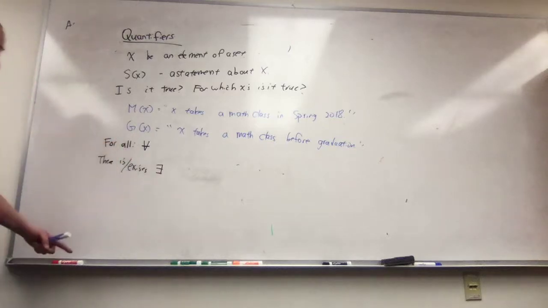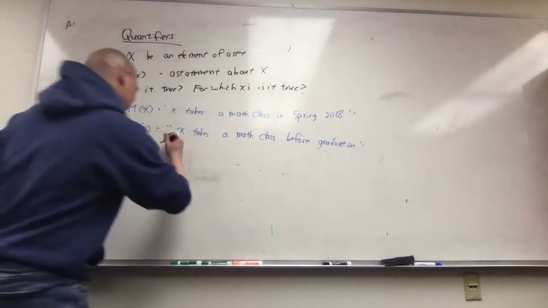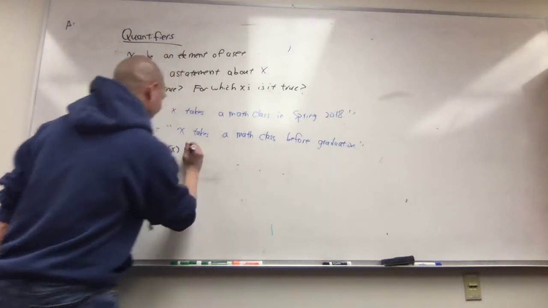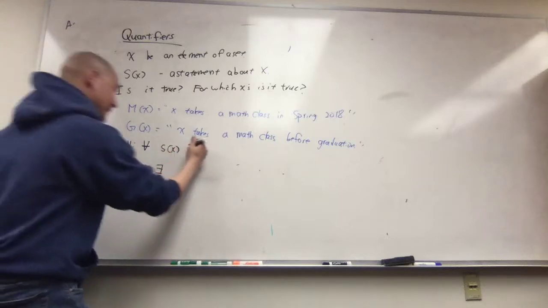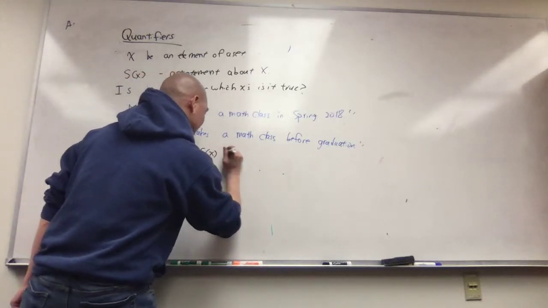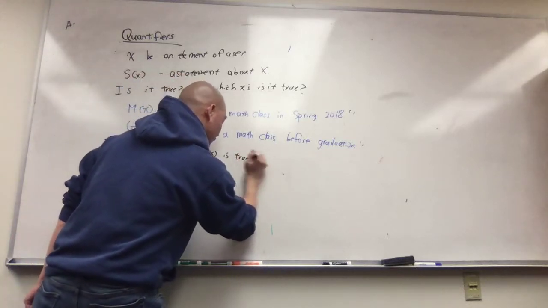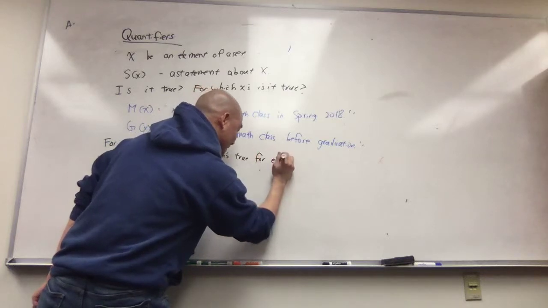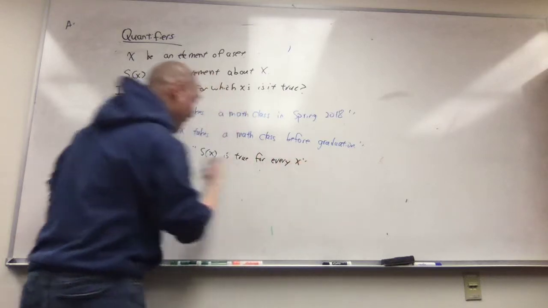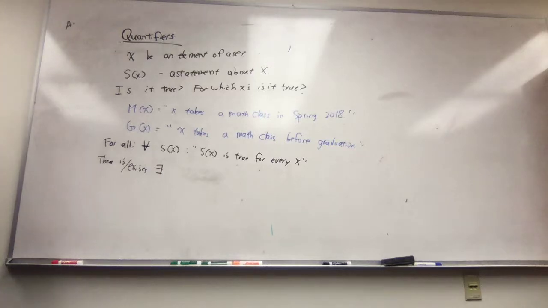It's an upside down A, and this is a backwards E. And so the for all quantifier, for all X of S of X, that's the statement S of X is true for every X. So for every single possible value of X, that statement there is true.